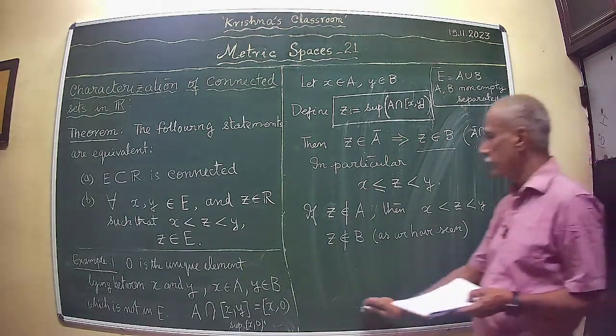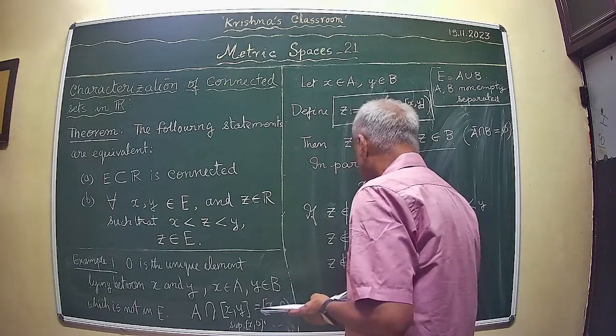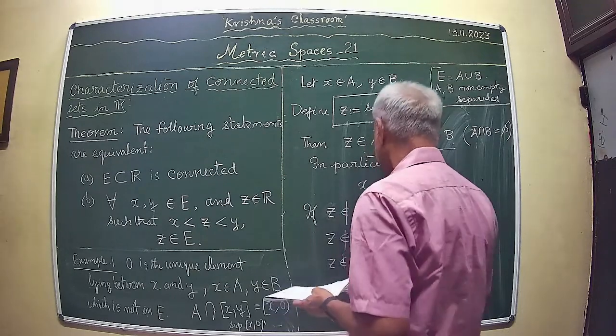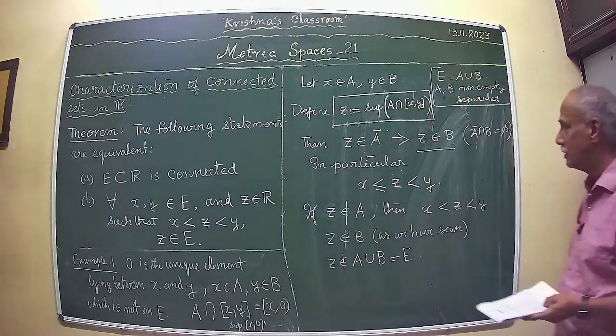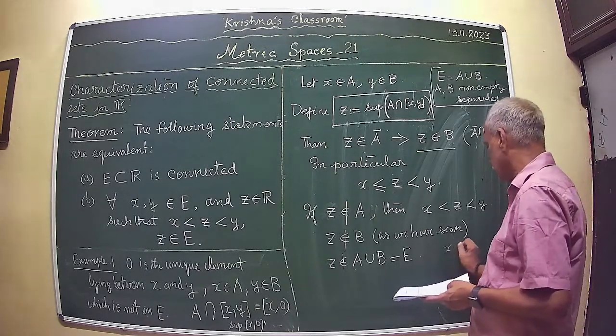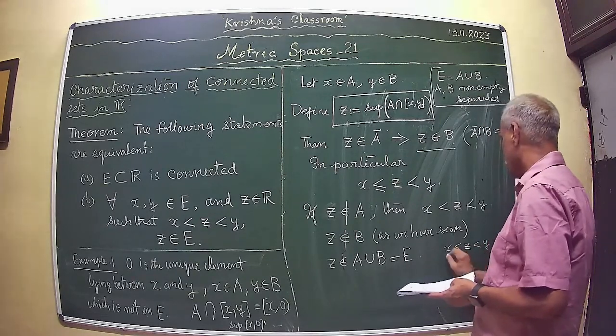So what does it say? So Z does not belong to A union B, which is equal to E. Okay, so Z lies between X less than Z less than Y.